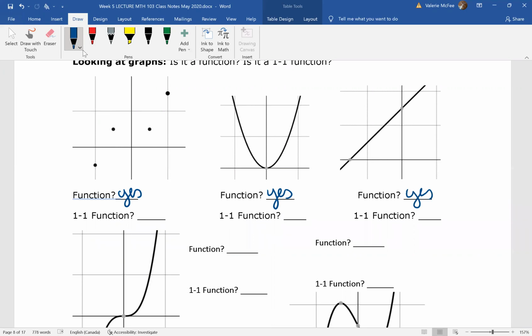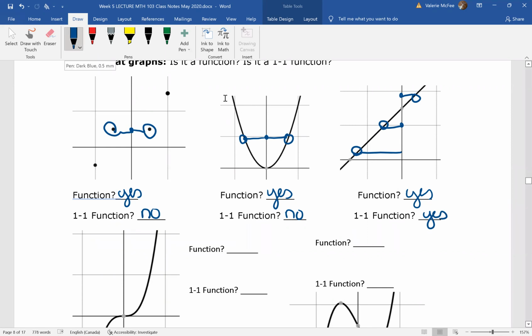Are they one-to-one functions? Well, if I look at this y value here, it has two x values. It's not one-to-one. If I look at this y value, it has two x values. It's not one-to-one. If I look at this y value, 1, this one, 1, 1, this is one-to-one.